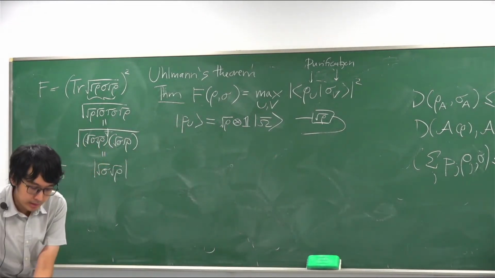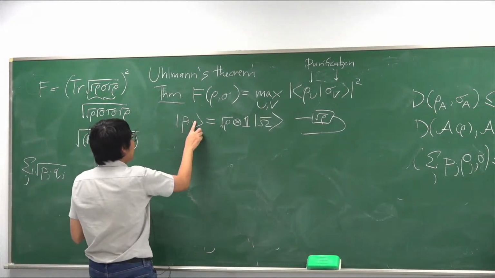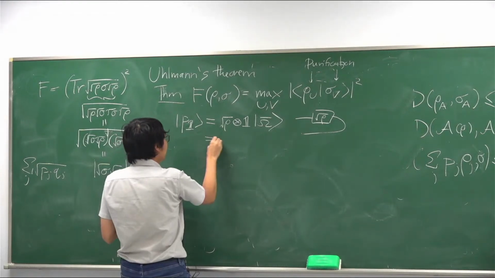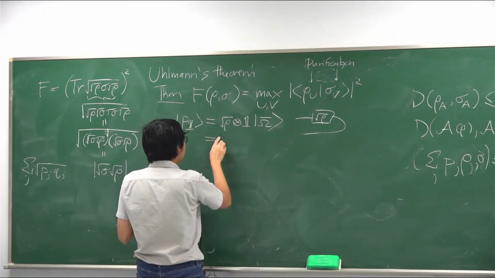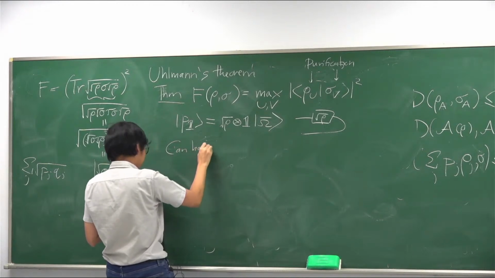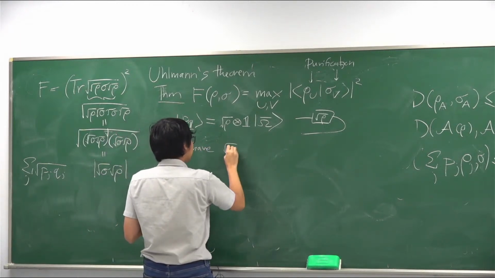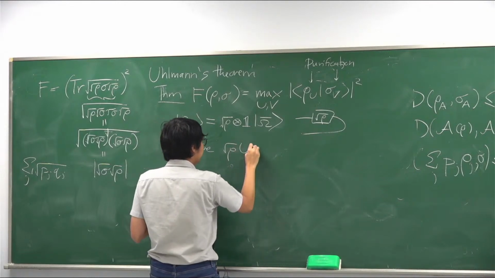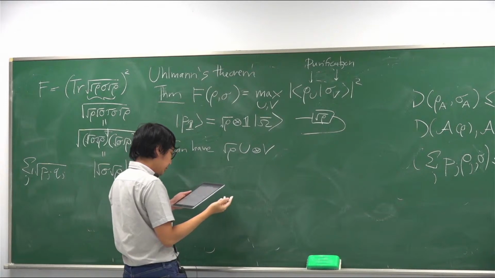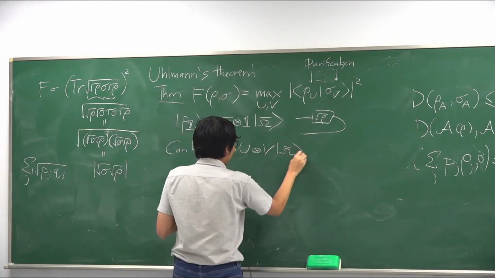This is the case where this U is just identity. But in general, I can apply any unitary to either side, or to both sides.